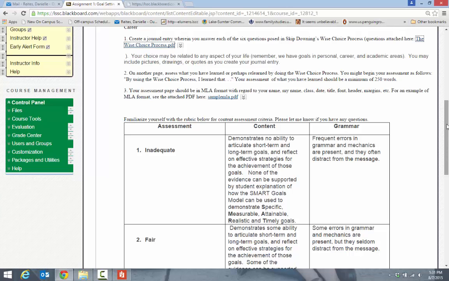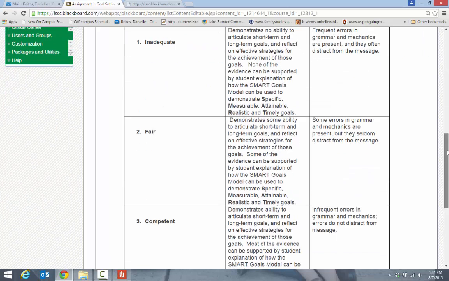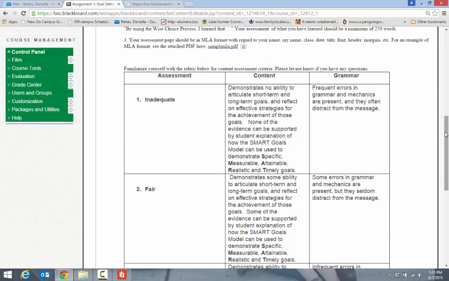So, did you learn anything about yourself? Did anything surprise you as you went through the process of actually writing this out and thinking about it? And finally, it just talks about how you want the format of this paper to be in MLA format. So there's an example posted there, and then the grading rubric is as followed. Really, I'm looking at the content there. So do you use the readings?